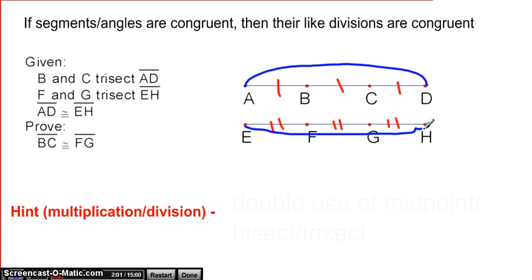Then we are talking about going from a larger segment down to a smaller segment, saying that these two segments are congruent. So we are saying that their like divisions are congruent.